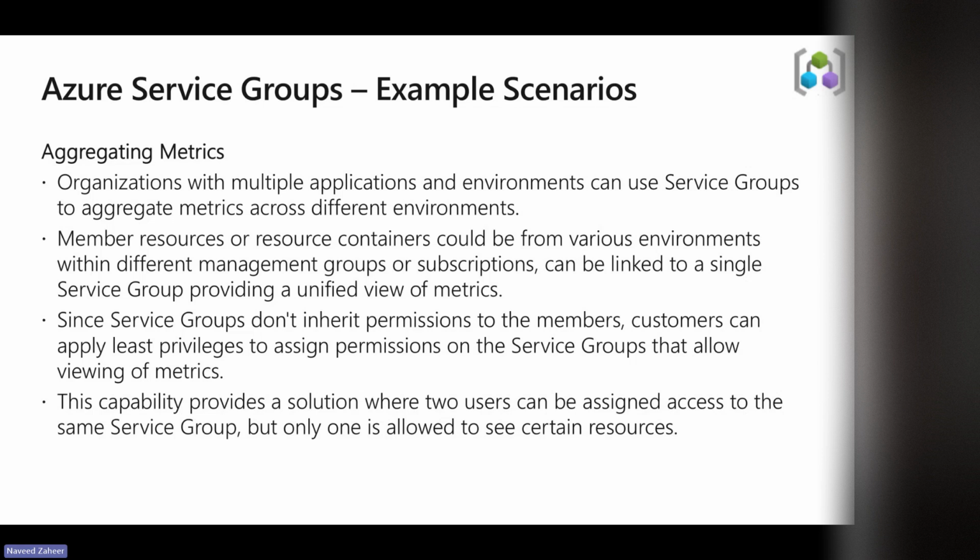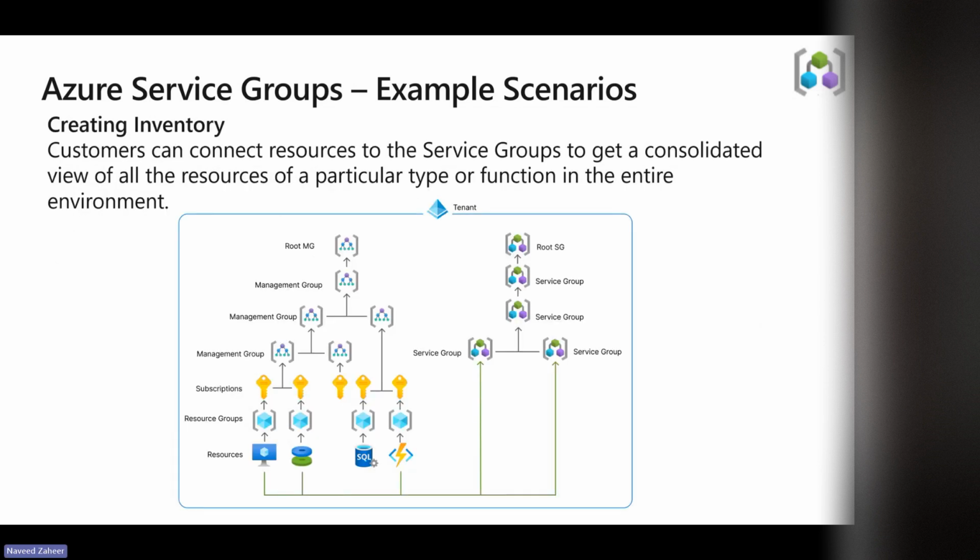You can put all of these resources in the same service group, and that's how you have one way of monitoring these resources. Let's say there is a team which is looking at compute. They can look at all the VMs across the organization, put them in the same service group, and that's how they monitor those. So that's one of the scenarios that we can do.